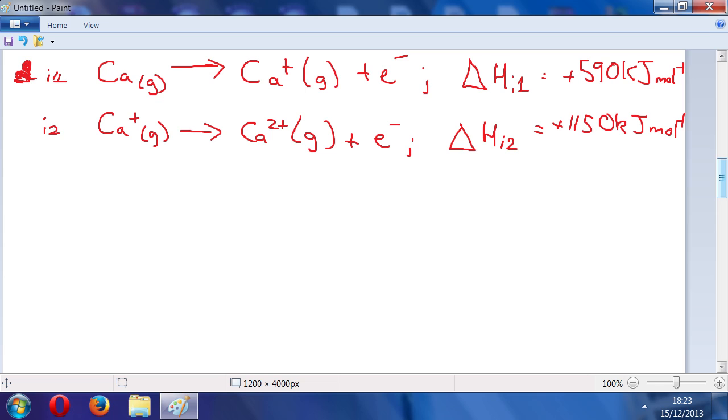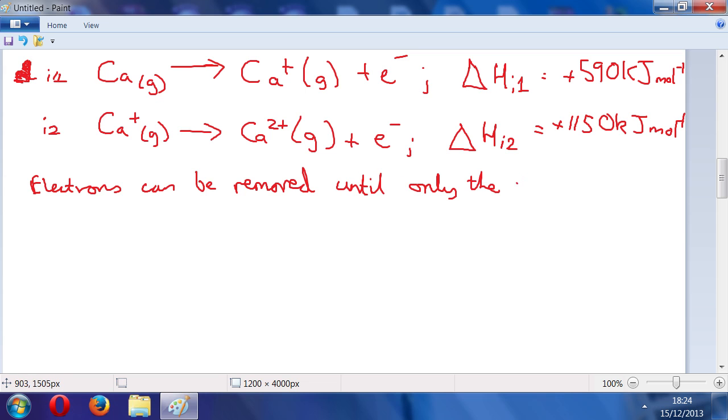Obviously that's the second ionization energy, and the third and the fourth, like I've mentioned. Electrons can be removed until only the nucleus is left, and then of course you run into problems. That's obviously beyond the scope here.